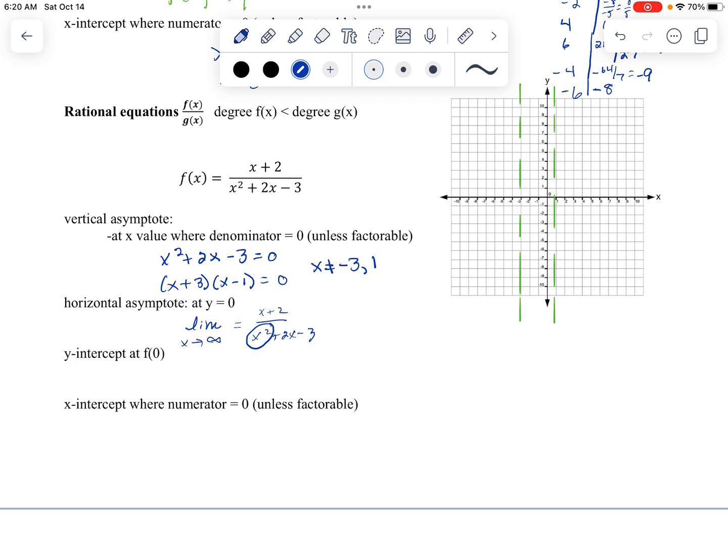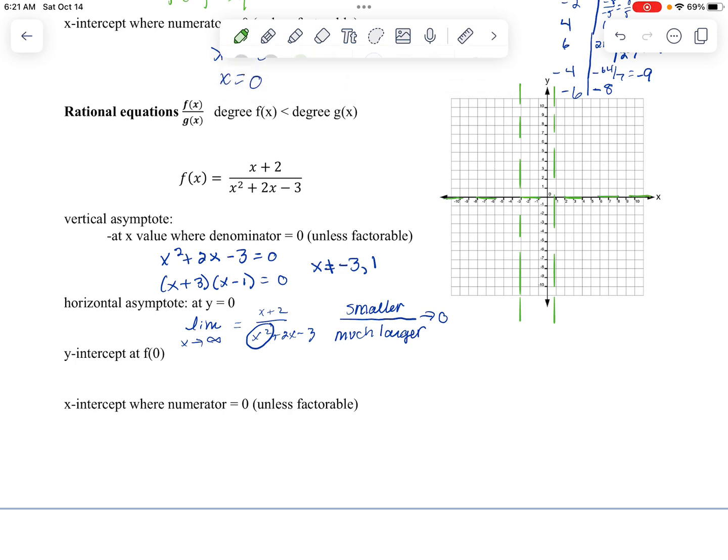And so as my denominator gets much larger and the numerator is smaller, this is going to go towards 0. And we're talking for very, very, very large numbers. So we have a horizontal asymptote at y equals 0. So we'll just draw it in right here.